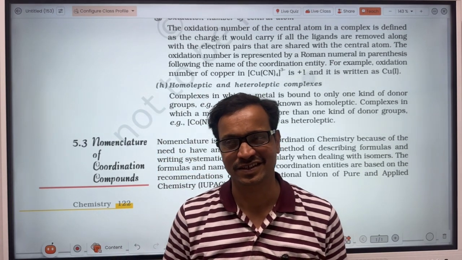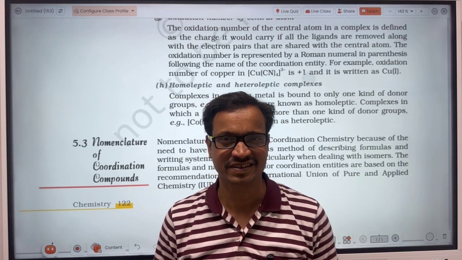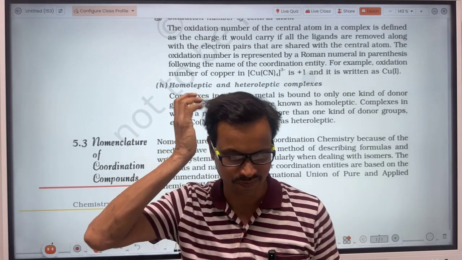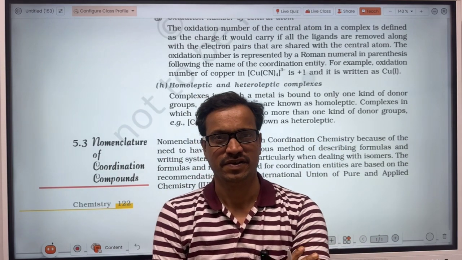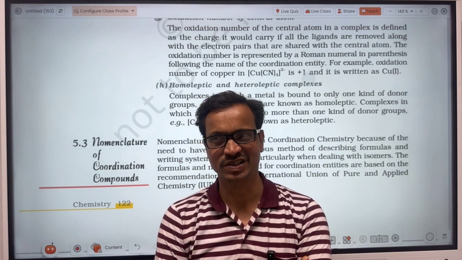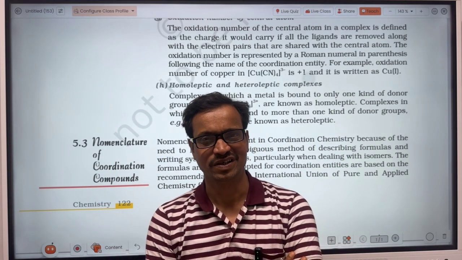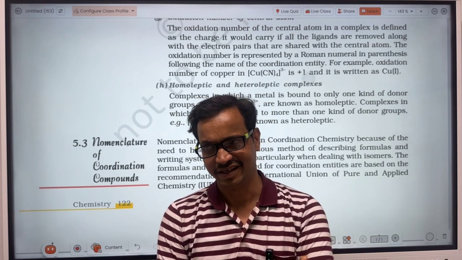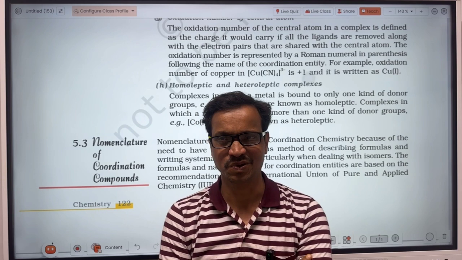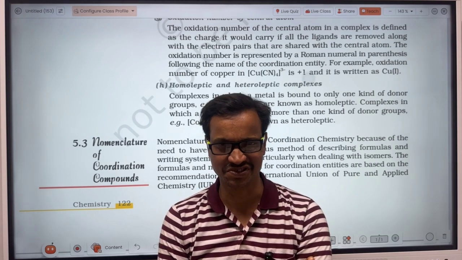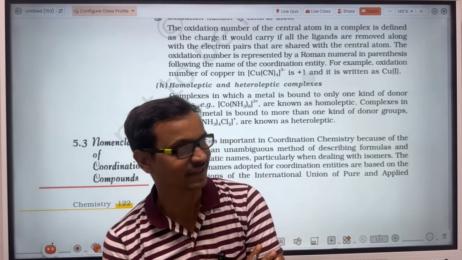Nomenclature and magnetic behavior are the two portions which are frequently asked in the 12th board examination in addition to JEE Main and NEET, and there is also a high probability of this question being asked in the CUET examination.